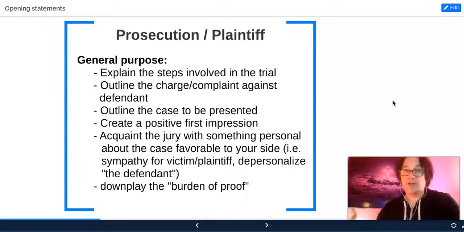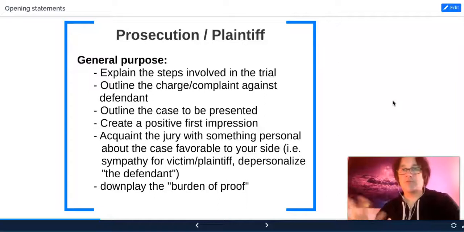It's important to create a positive first impression. You only get one chance to make a first impression, so put on a good show and rehearse this opening statement.